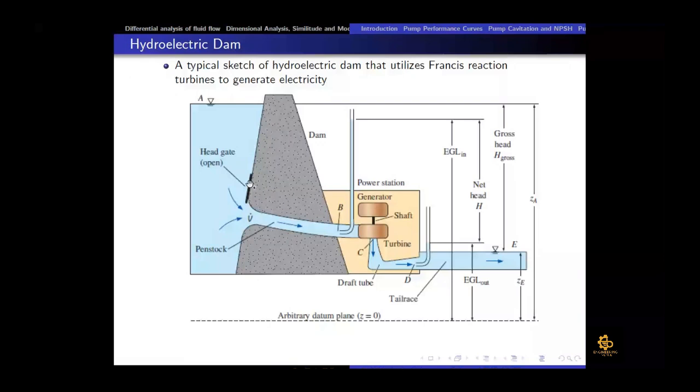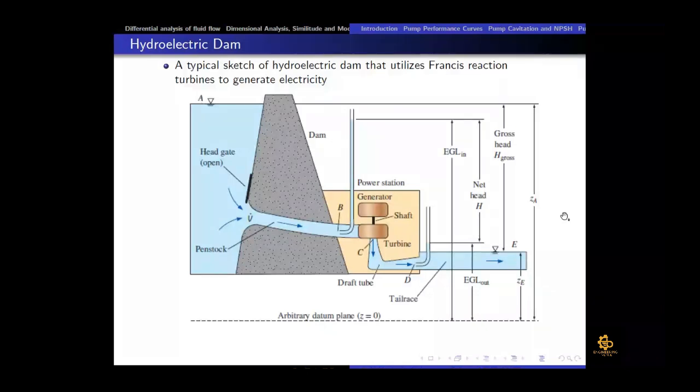Okay, so first of all, it would be better if we talk in terms of head. If we take an arbitrary reference point, which is z equal to 0, then ZA is the total head available in that dam. So that is the maximum head we can use to produce electricity, right?